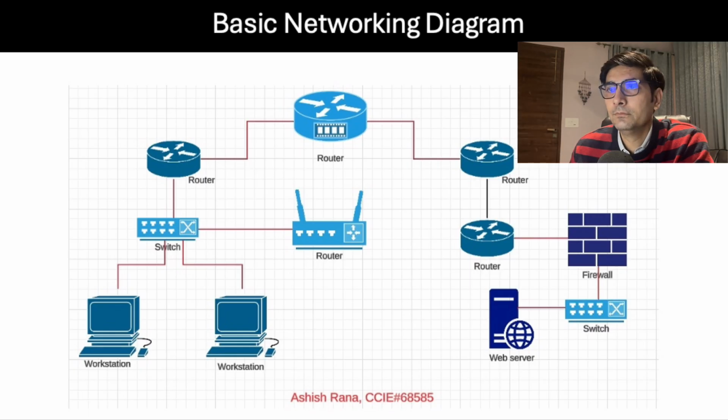Now what is a firewall? Look at this diagram. I have just connected these devices randomly. So these two workstations are connected to a switch, and this is connected to a router, and this is an ISP router, and this is the router at the destination end, and there is one more router. So there can be multiple switches, multiple routers.